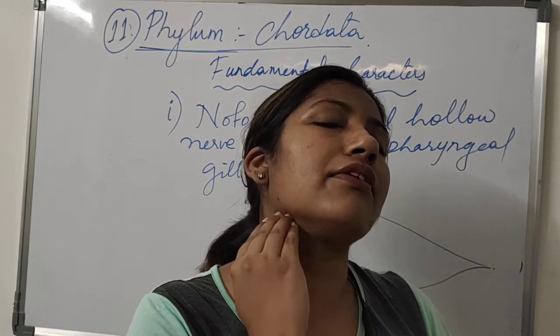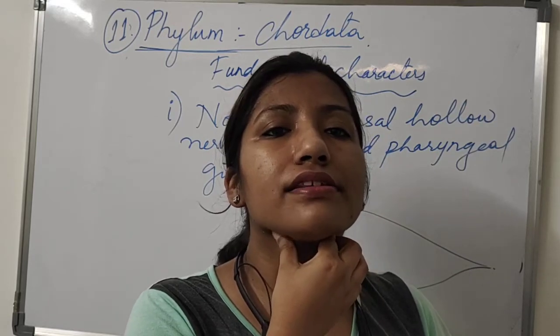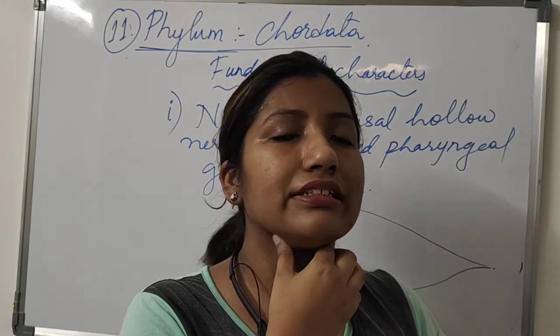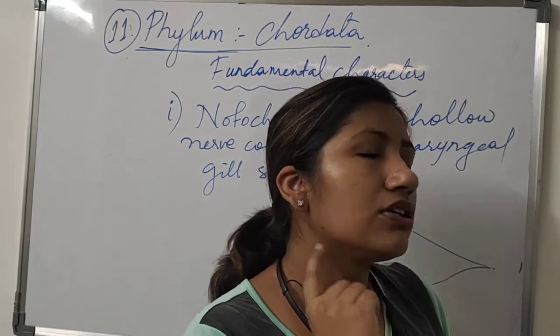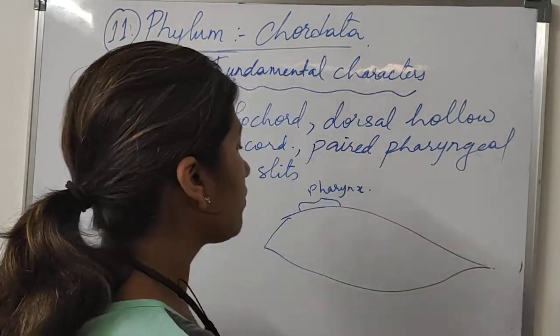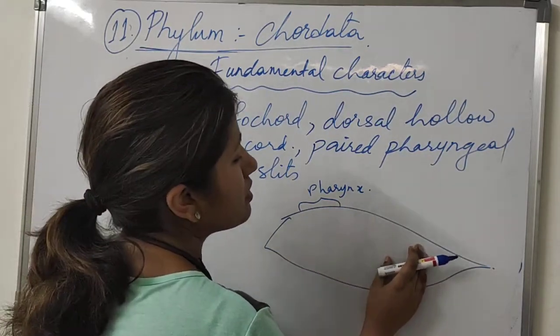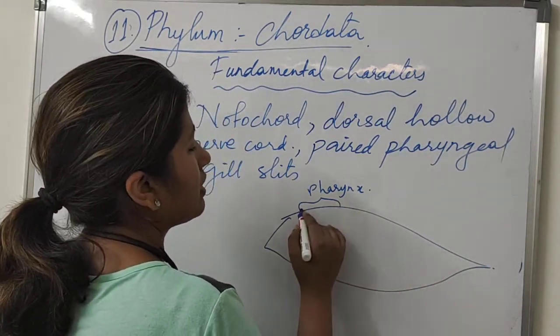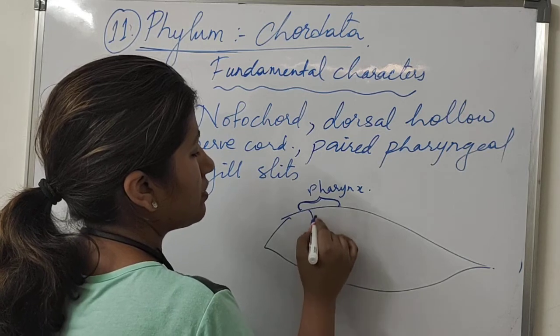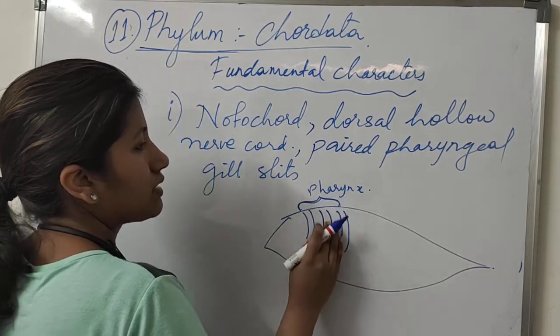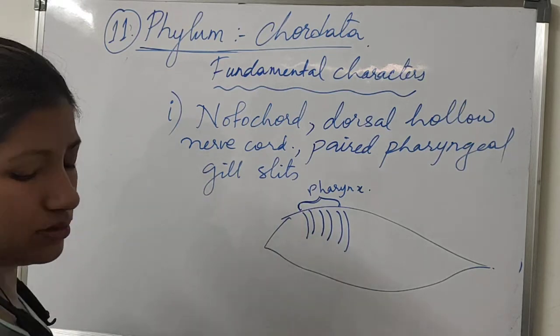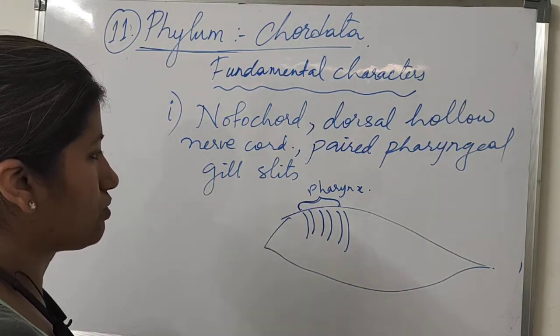We will have them here, because here is our pharynx, right? Pharyngeal gill slits are gill slits which are present in the pharynx region. Likewise, other aquatic animals will have their gill slits in the pharynx region. There is a slit, a cut, and through this cut the air will move in and out.